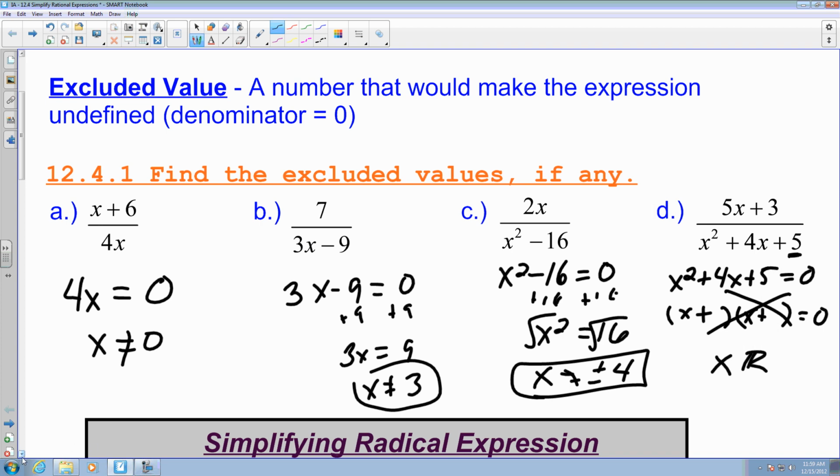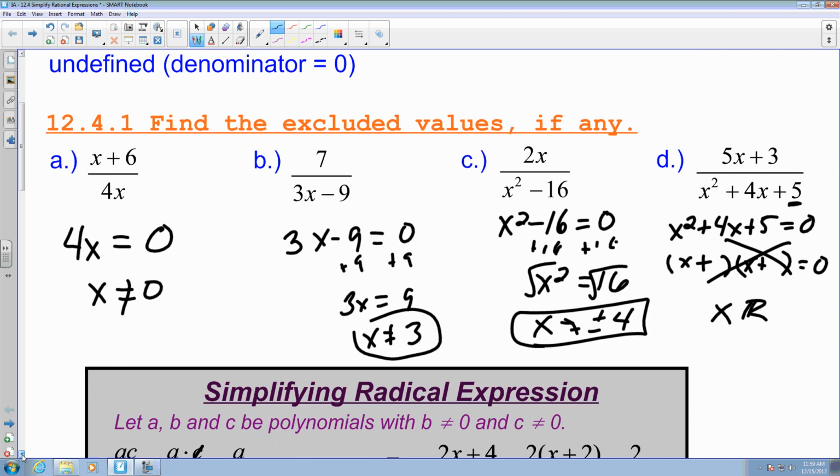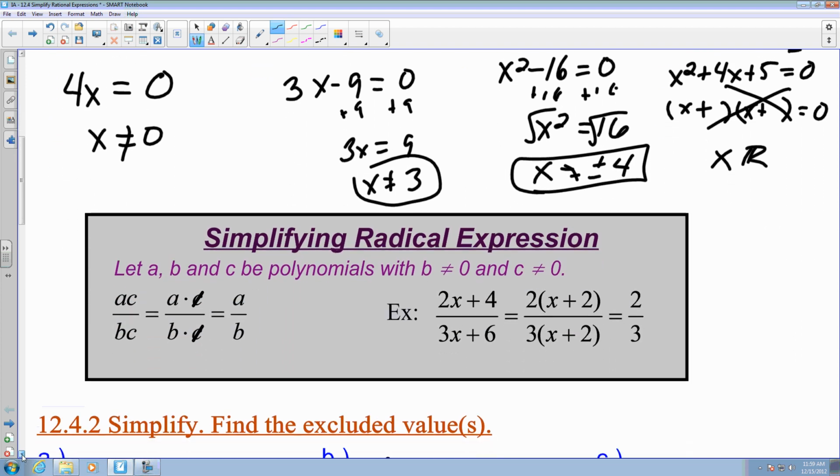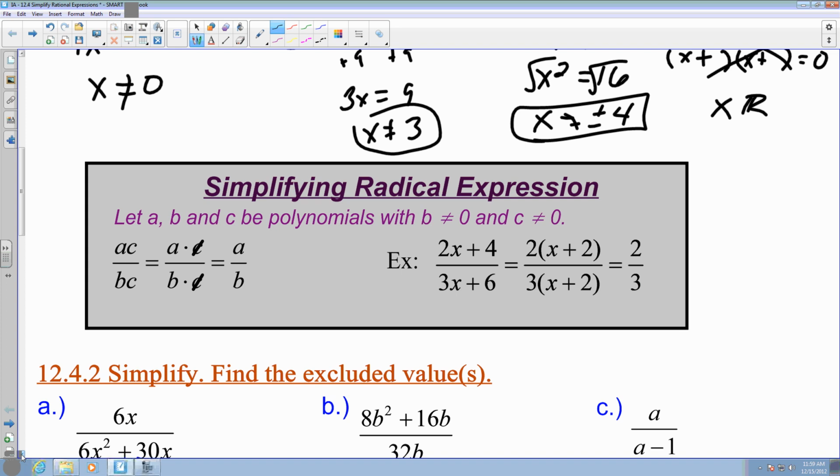So now we can go into simplifying rational expressions. Here's a little example that can help you.